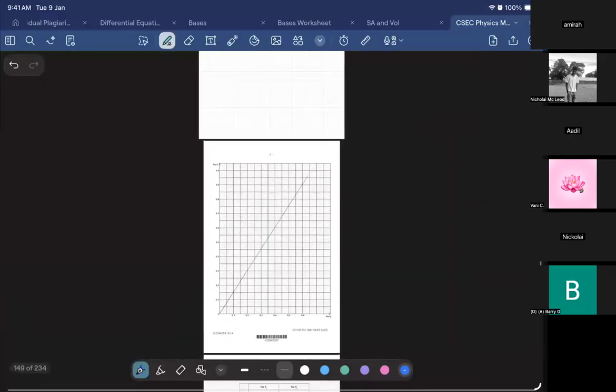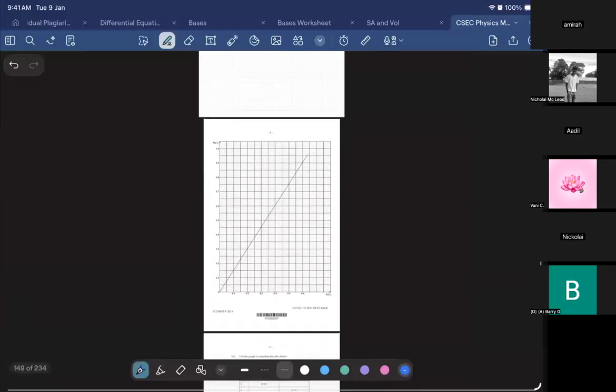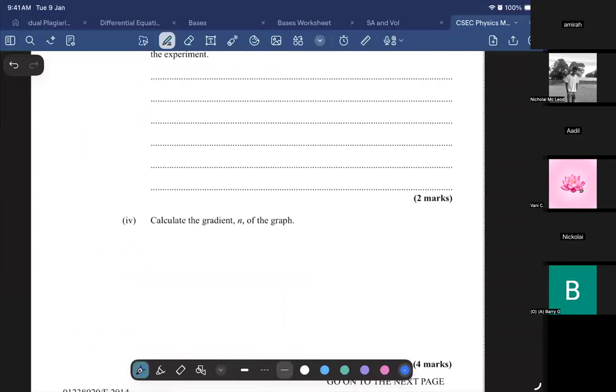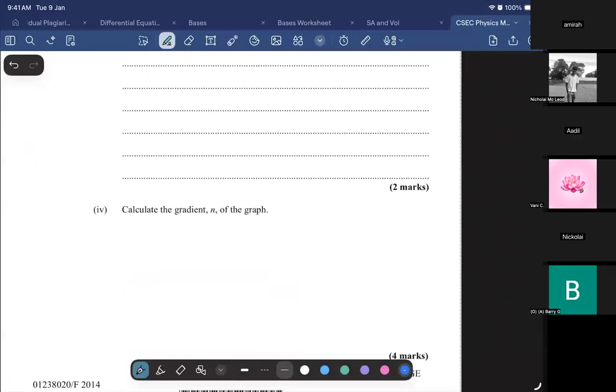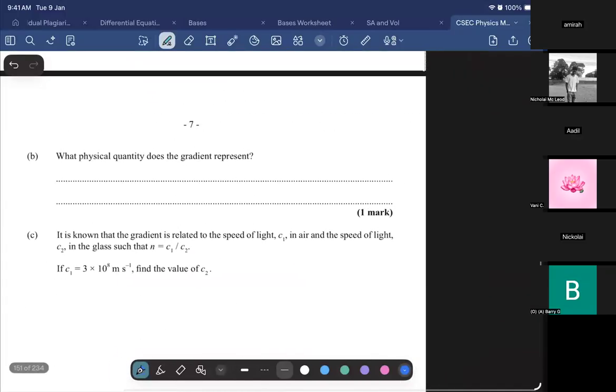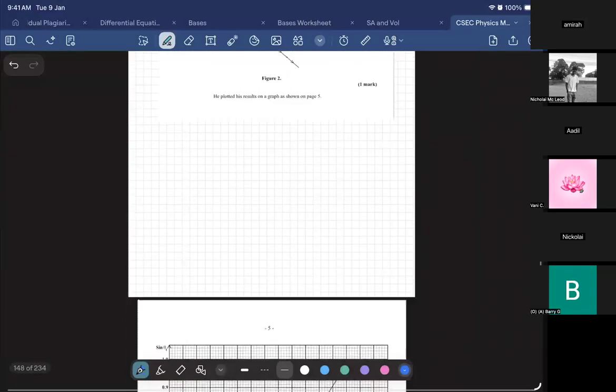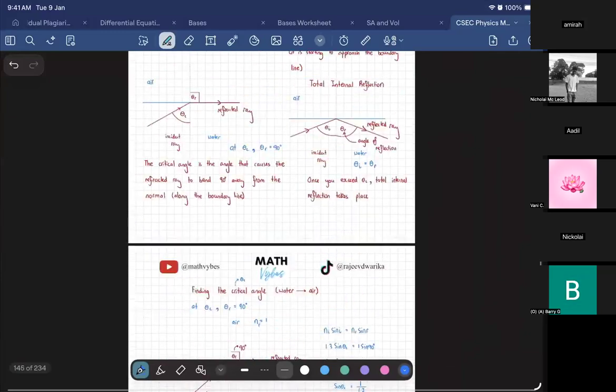Now here, this question is going to give some of you problems, because when they say calculate the gradient of the graph and then ask what physical quantity it represents, I know most of you are going to be stunned. To help you, I'm going to highlight something.